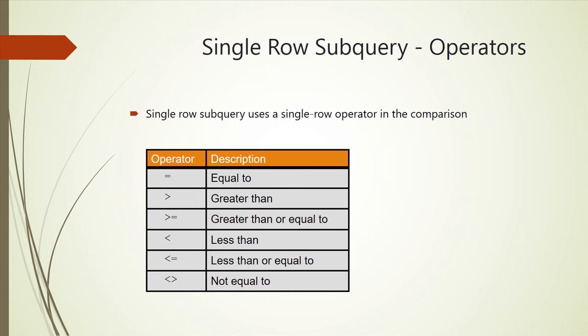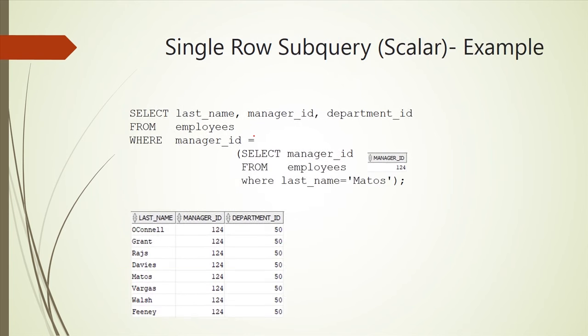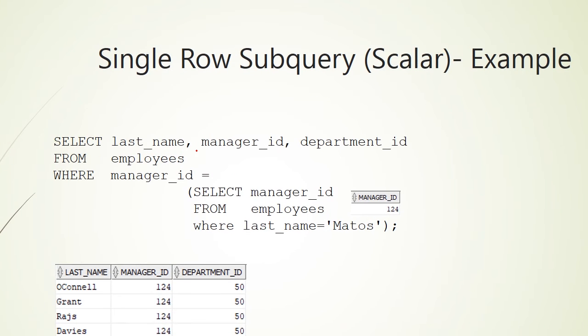or not equal. So here in our example: select last name, manager ID, department ID from the table employees where manager ID equal, select manager ID from employees where last name equal Matos. Here in our example, we want to return all employees whose manager ID is the same as the manager ID of the employee named Matos.